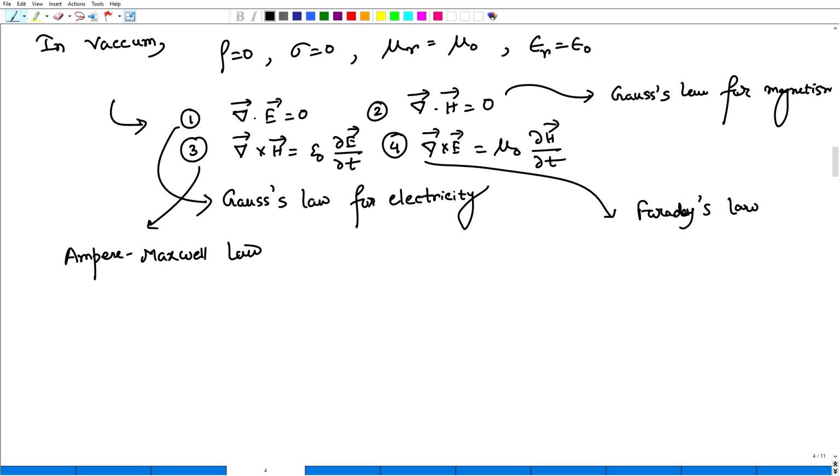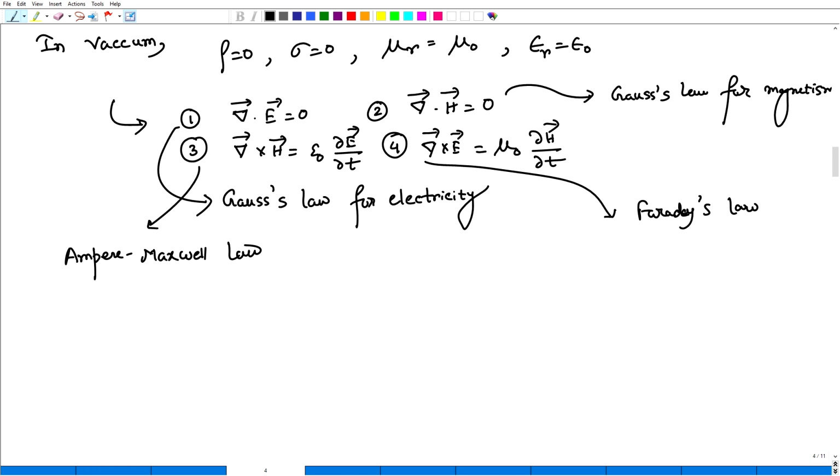If the divergence is 0, there is no source essentially. If there were any source in vacuum, then the fields would be produced if the divergence were non-zero. But from the first and second equations the divergence is 0, which means there is no source in vacuum which produces the electric field and magnetic field.